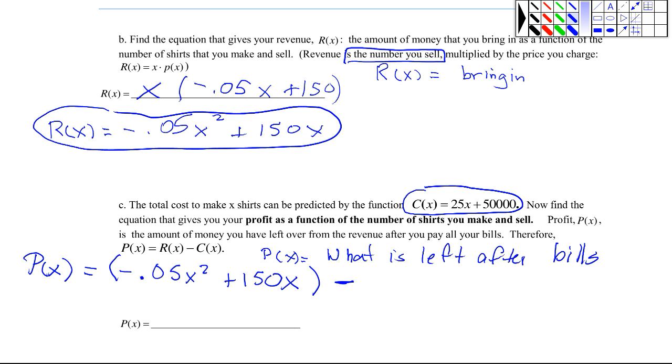So you have to take out of the money you bring in everything you have to pay out, which is your cost, which in this case I'm just giving you as 25x plus 50,000. So once all the smoke clears, you do the algebra, and you get that the profit equation is negative 0.05x squared plus 125x minus 50,000.